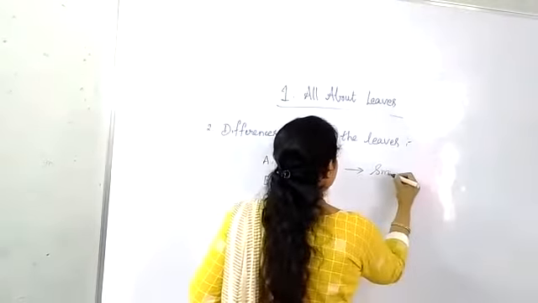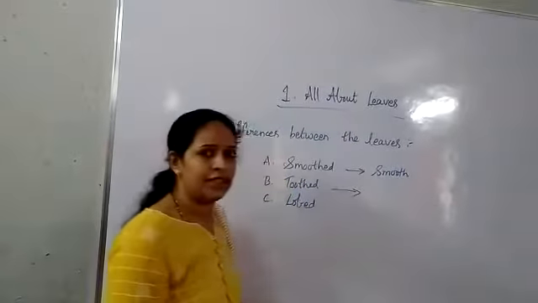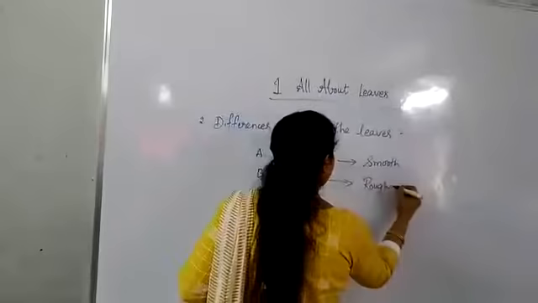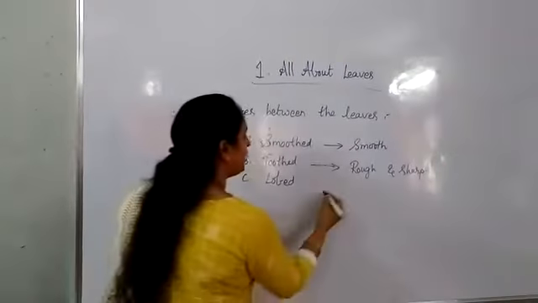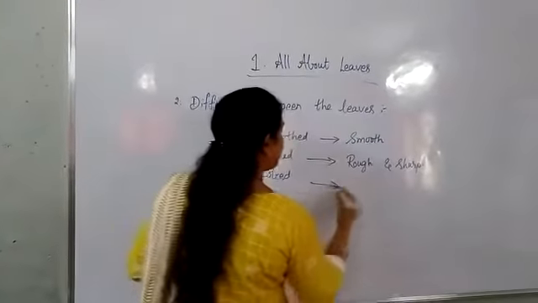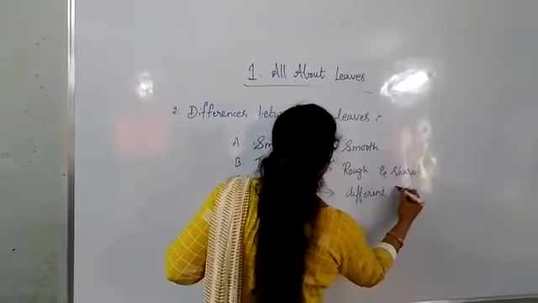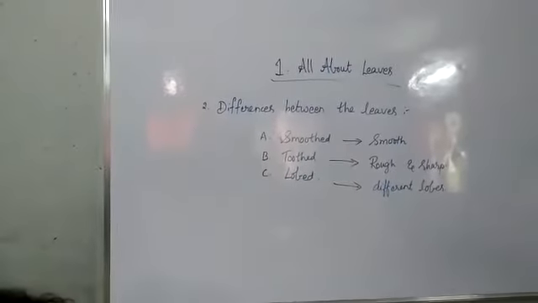Toothed: the leaf margin is very rough and sharp. And the third one, lobed. It is divided into different lobes. I will show the examples again.